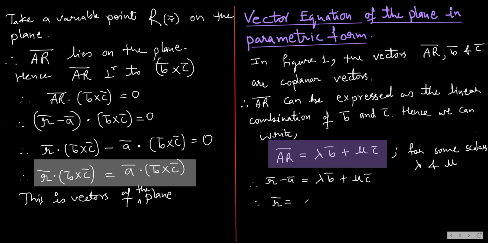Therefore R bar equals A bar plus lambda B bar plus mu C bar. And this is known as the vector equation of the plane in parametric form.